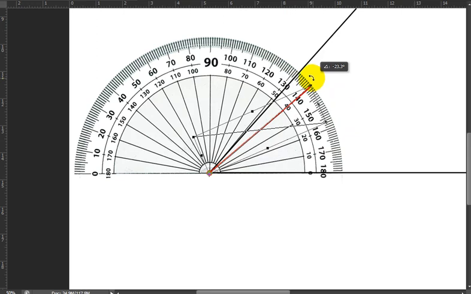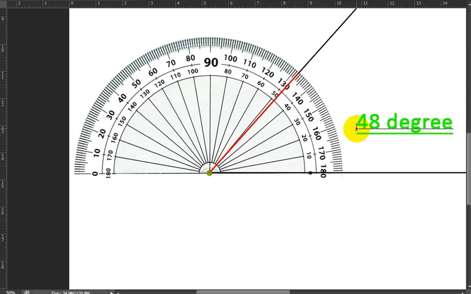So we're going to go 45, 46, 47, 48. So this angle, I would say that this angle is 48 degrees. Got it? Great. Now, let's do another one.